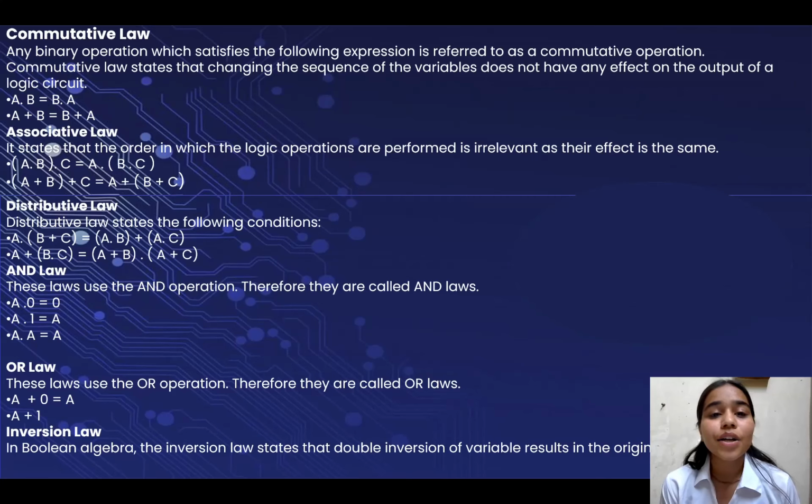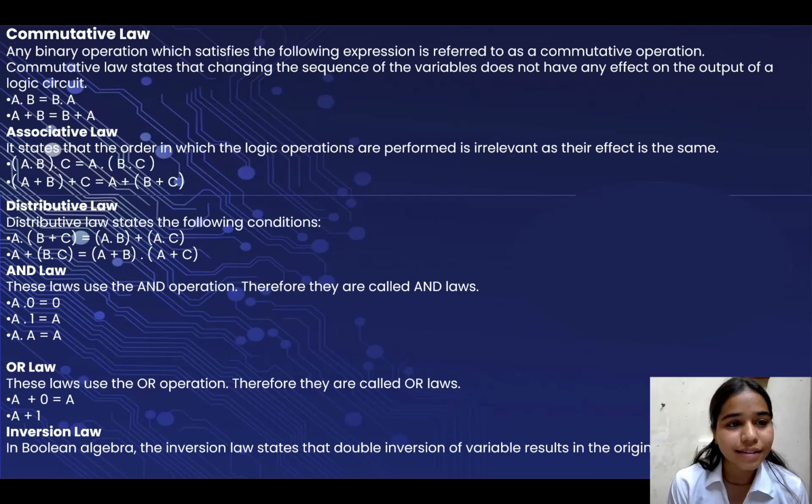Commutative law states that changing the sequence of the variables does not have any effect on the output of the logic circuit. Associative law states that the order in which the logic operations are performed is irrelevant, as their effect is the same. Distributive law states that A dot (B plus C) equals A dot B plus A dot C.